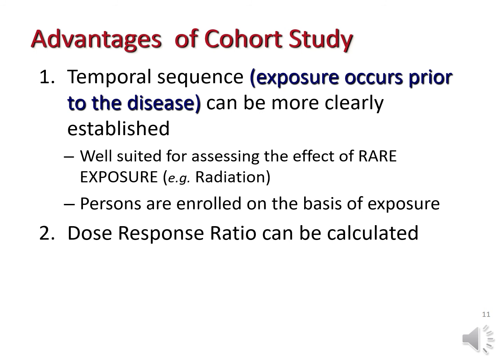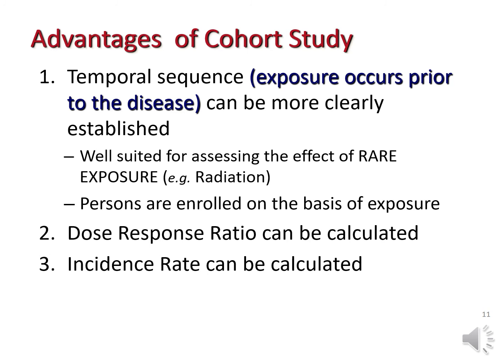Second advantage, by conducting this study, we can calculate dose response ratio, dose of the exposure and response of occurrence of disease. For example, if smoking is a risk factor, in a study, number of cigarettes smoked and occurrence of CA lung.